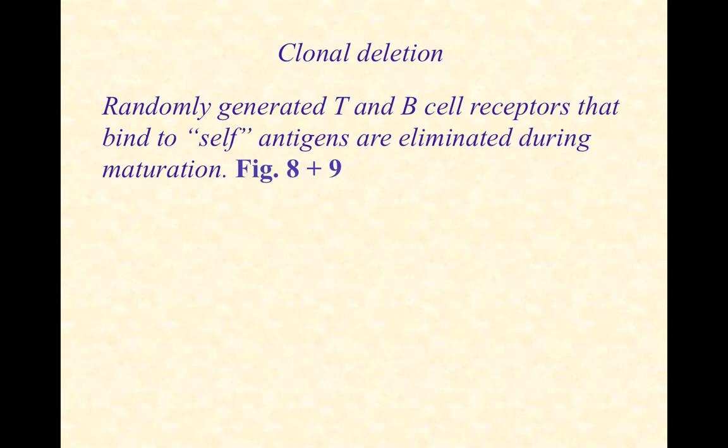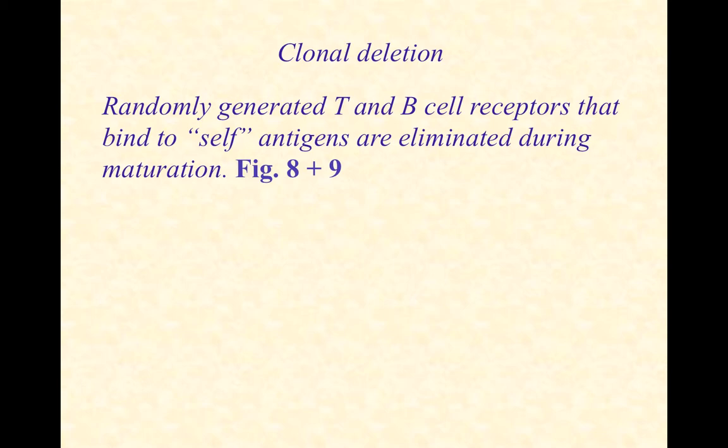They're shot on sight and eliminated, because it's that specific binding between the B cell receptor antigen binding site and an antigen that's going to stimulate and initiate the entire acquired or adaptive immune response. We don't want to initiate an immune response against self-antigens, only against non-self-antigens.